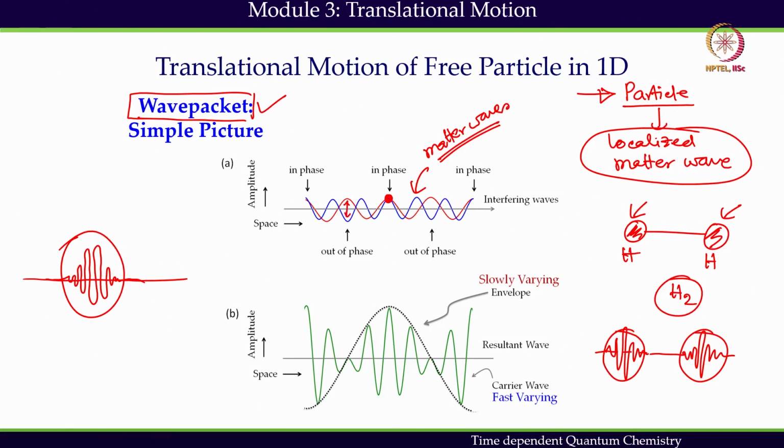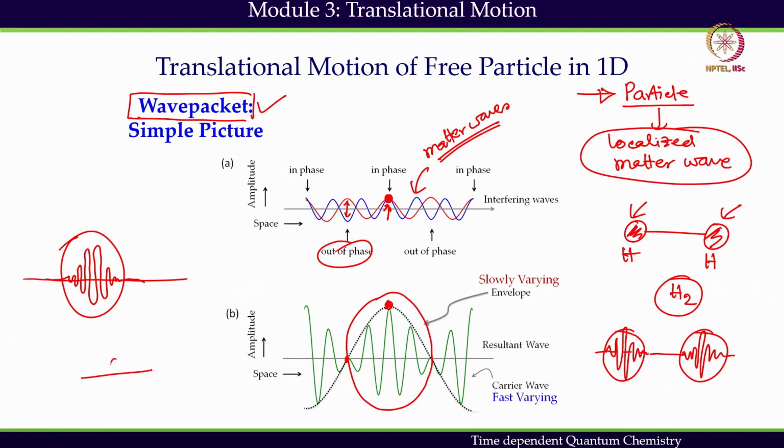They are pulling in opposite directions here, and there they are magnifying. That is why the out of phase part will have no contribution, the in phase part will have a maximum contribution, and that is the way we can localize the matter wave in space, and this is the correct representation of a particle in quantum mechanics.